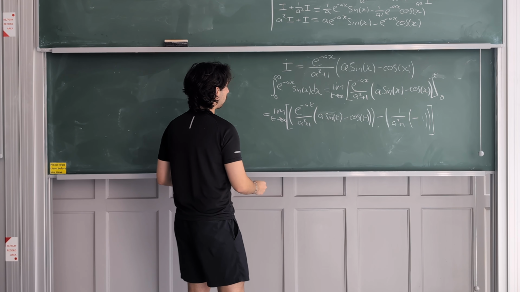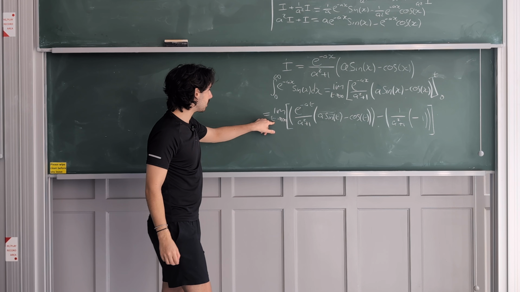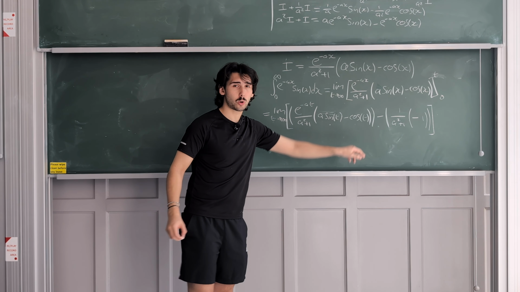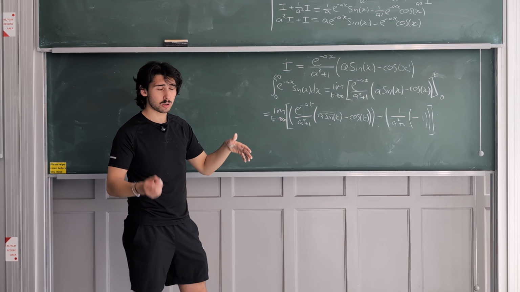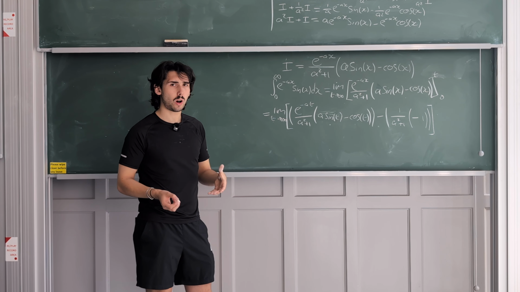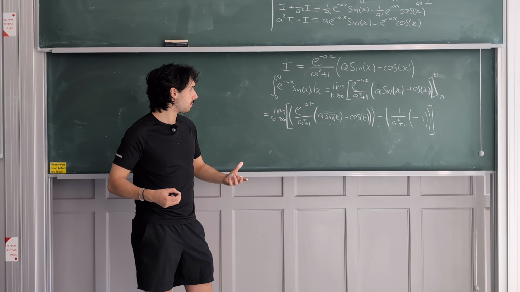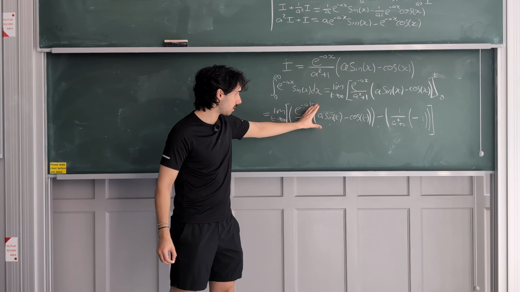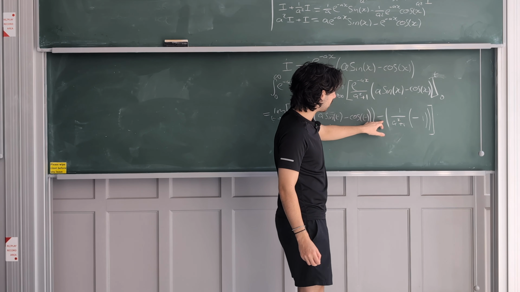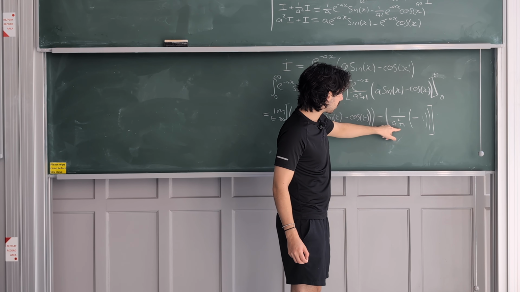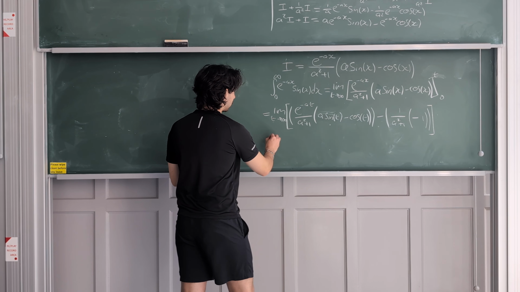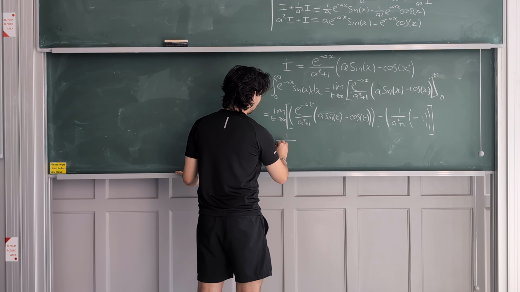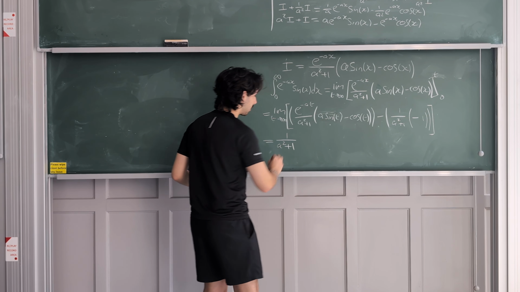Now, as t goes to infinity, e to the minus at goes to 0. Sine t and cos t wiggle around, but they never exceed the number 1. So even at their biggest, they are 1, and it's multiplied by basically 0. So this is 0, and then we have minus 1 over a squared plus 1 times another minus 1. All in all, with all the minuses and pluses, you get 1 over a squared plus 1.